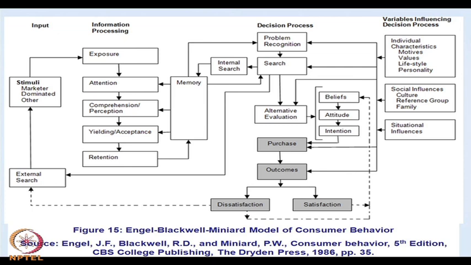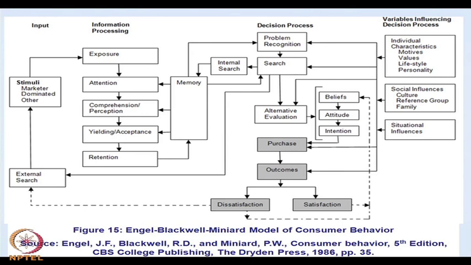Whatever stimuli manifest themselves in information cues, either from the marketer or from non-marketing sources, in other words, either under the control of the marketer or under the control of social forces, feed into the information processing stage for a consumer. Now, as we just said, the stimuli could be marketer related, or they could be socially related, coming from friends, peers, colleagues and other environmental forces.